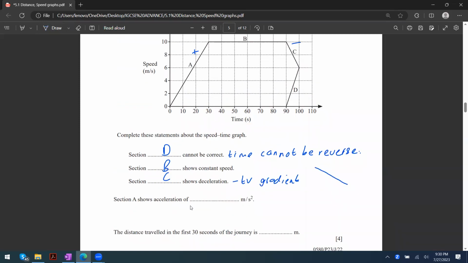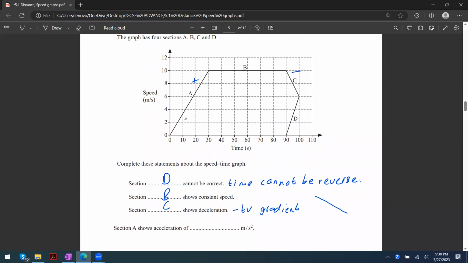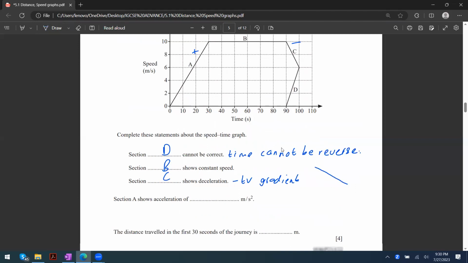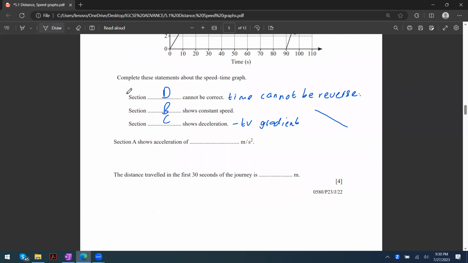Section A shows acceleration of. Can you guys please find the acceleration of A part? Rise over run, 10 divided by 30, is 0.33. At least give two decimal places, that's better.